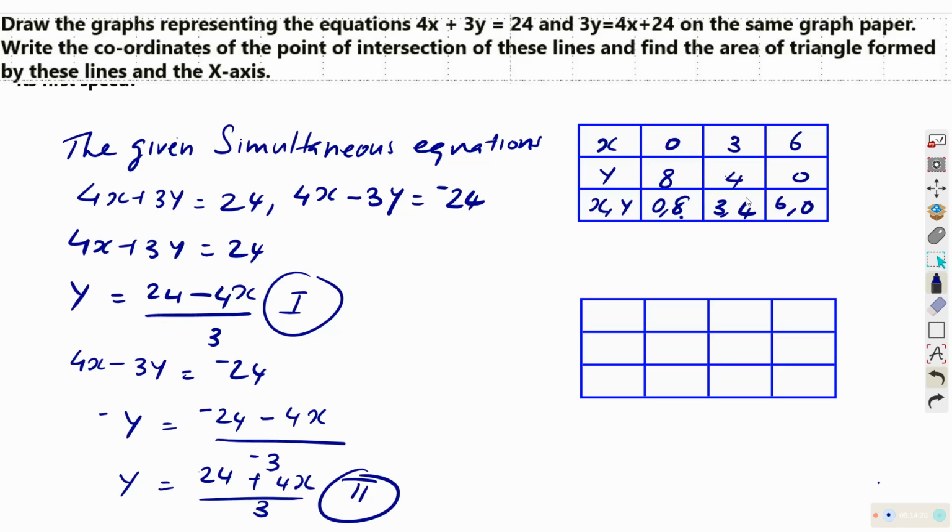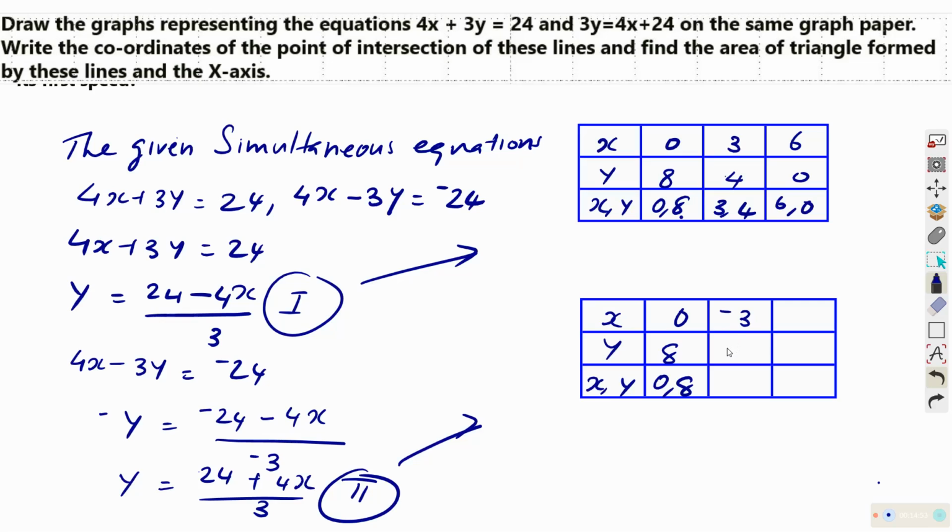If you consider the other equation, 24 plus 4x upon 3, you will have the same x and y axis. And if I put the value of x as 0, so 24 plus 0, it will become 24 upon 3, 8. That's very easy. Put the value minus 3 over there.